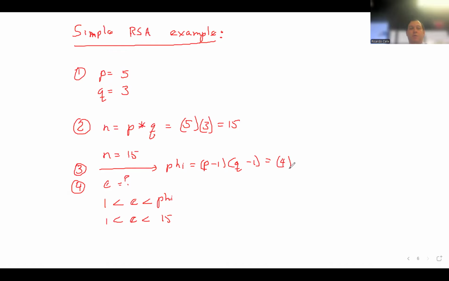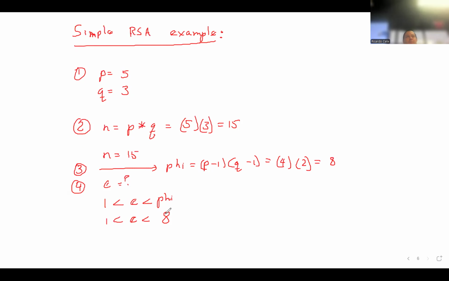So it's 5 minus 1, 4, and 3 minus 1, 2. So that's going to be 8. Very good. Now we want to look for a value. So not 15 then, because that's N. So phi would be 8.